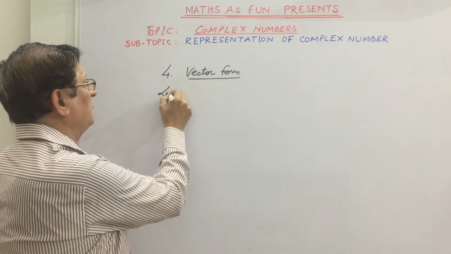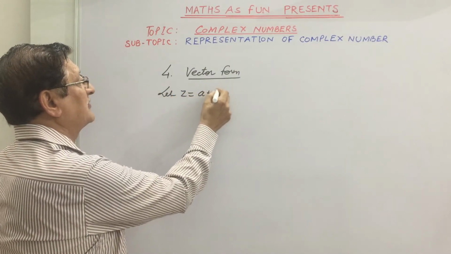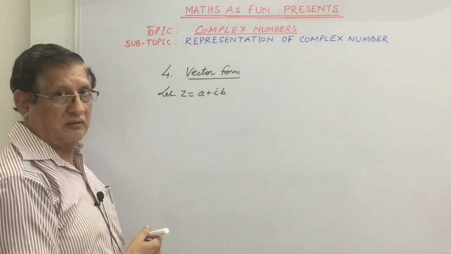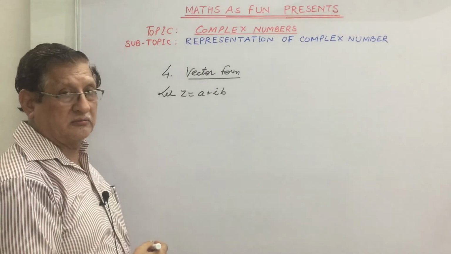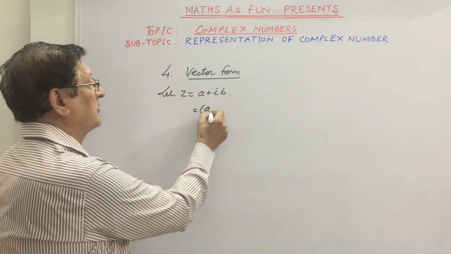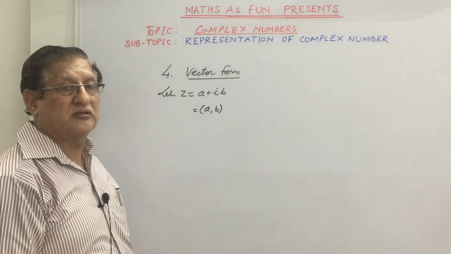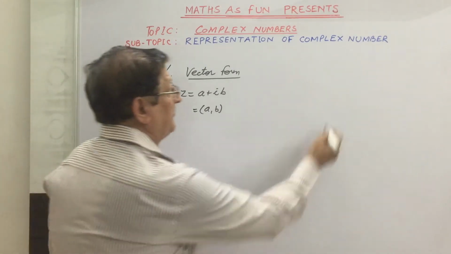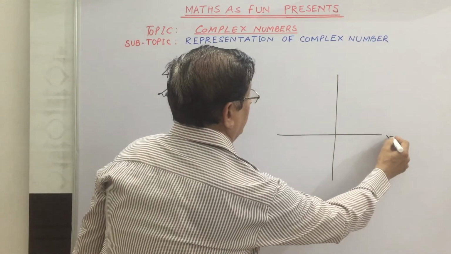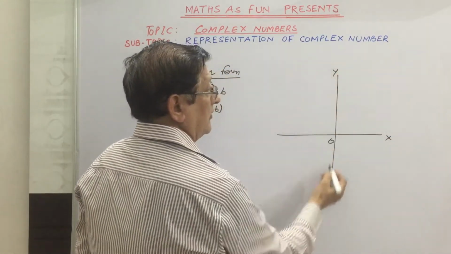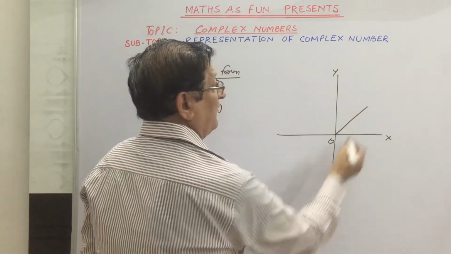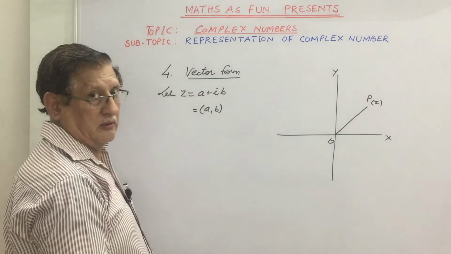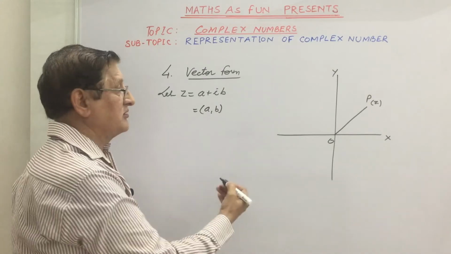If we have any of the complex numbers Z as A plus iota B, A is the real part, B is the imaginary part. We can represent it in terms of ordered pair form, that is A comma B. And if we plot it in the Argand's plane, we find that P represents Z. What is there?